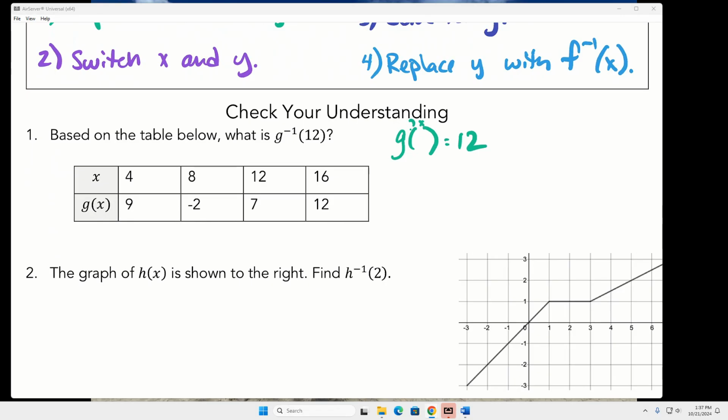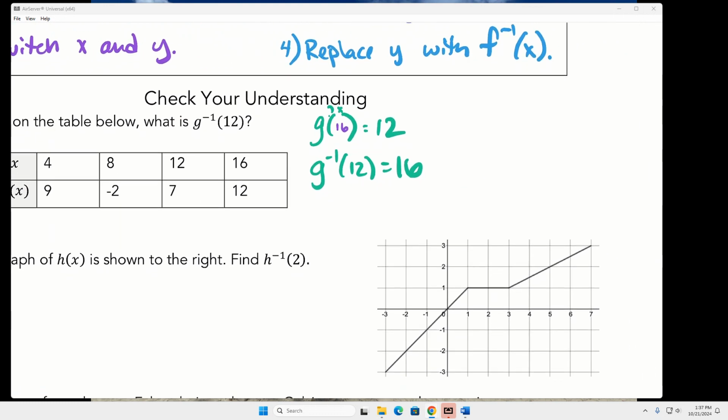So what x makes g equal to 12? What do you guys think? 16. So that means g inverse of 12 is 16. All right, so it's reverse of what you're thinking because the x's and y's are switched.